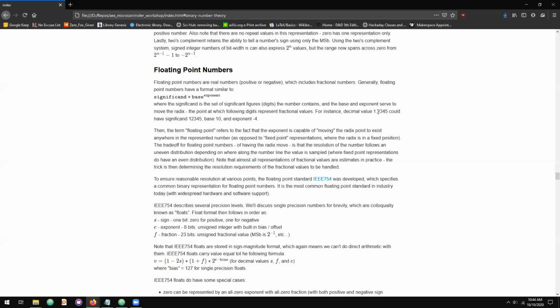So you have one trailed by a bunch of threes, but that trailing three never ends. So what we have to do is cut that off at some point. And when we do the calculation for the floating point number, typically we look at the exponent first.